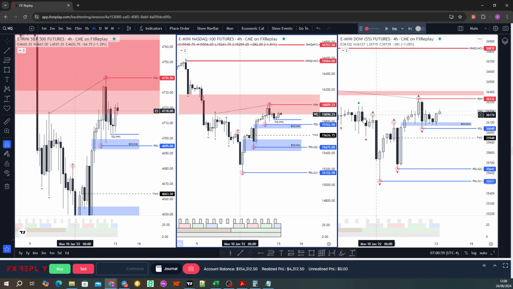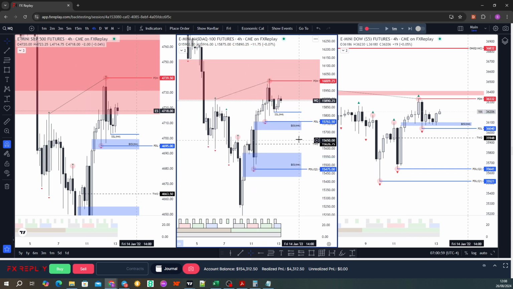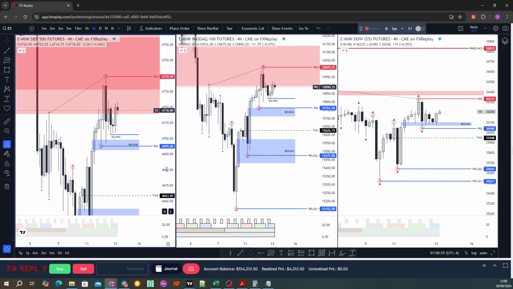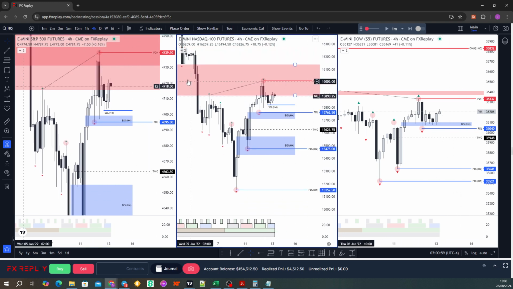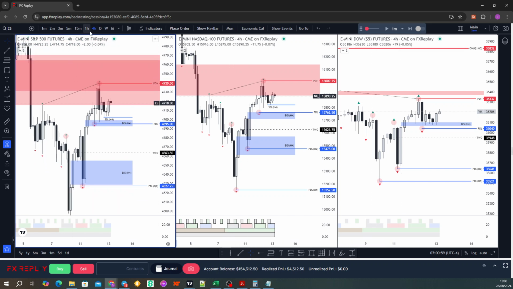It is in close proximity to the previous day's low, but I'm just going to mark it nonetheless because it could be of some form of significance. We've got the SIBI here. As I said, we are traded inside of this large SIBI 4 hour, so I'm not going to mark that up.